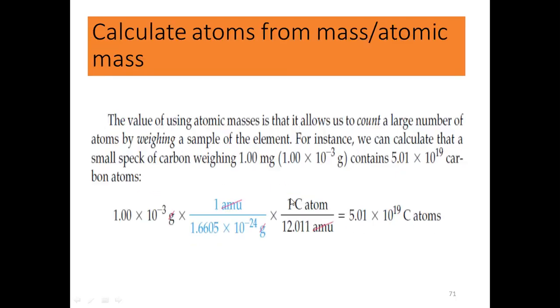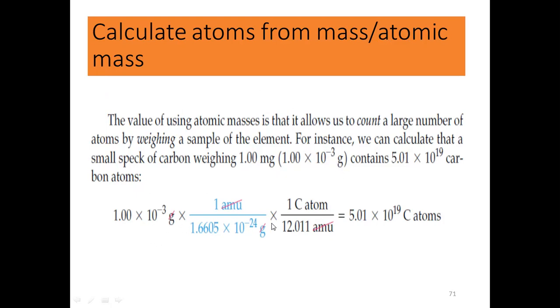If the weight is given in milligram or another unit, you can use the knowledge of unit conversion we have done in detail. 1 gram has 1000 milligram, so you divide by 1000 to convert milligram to gram, and it would be 1.00 × 10^-3 gram. This is the first conversion.